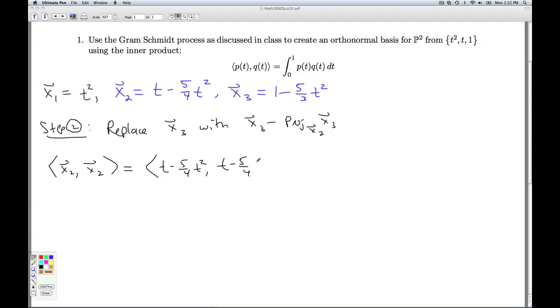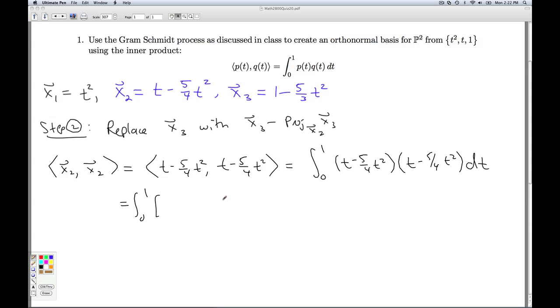That's the integral from 0 to 1 of t minus 5/4 t squared times t minus 5/4 t squared dt.